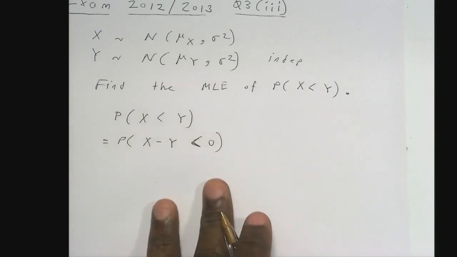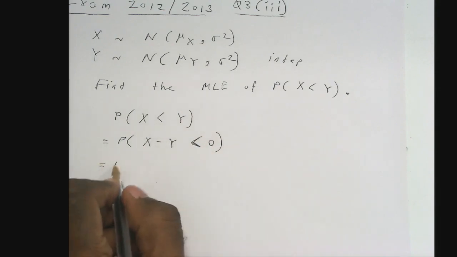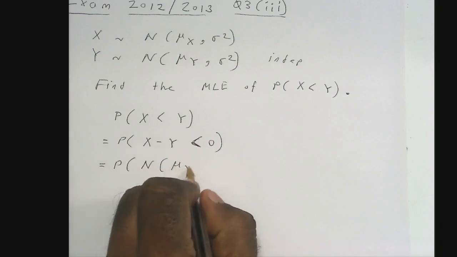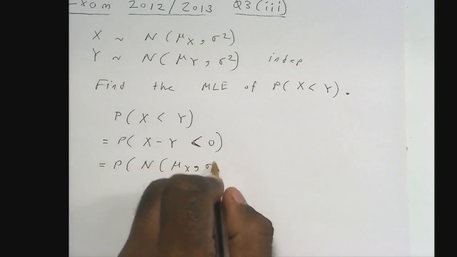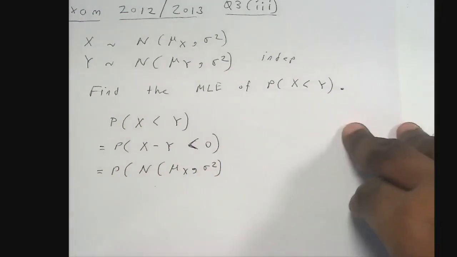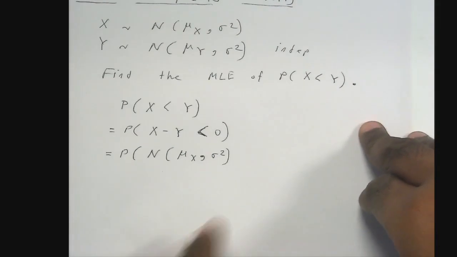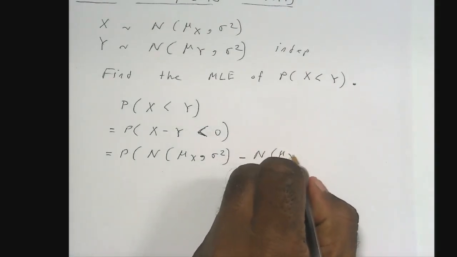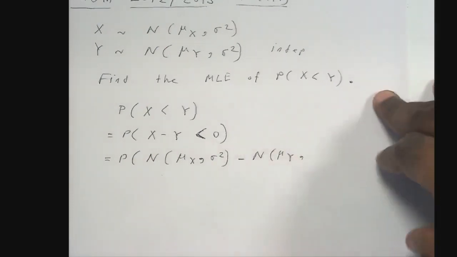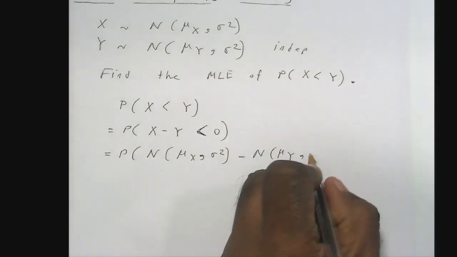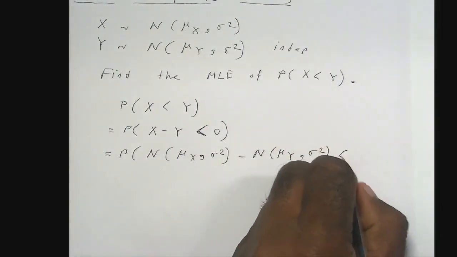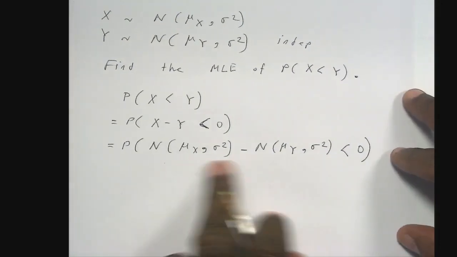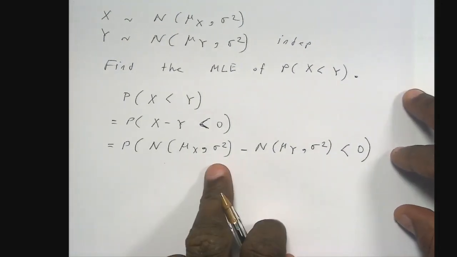Yeah, this is the probability that... Yes? Right, now you have a difference of two independent normal variables.